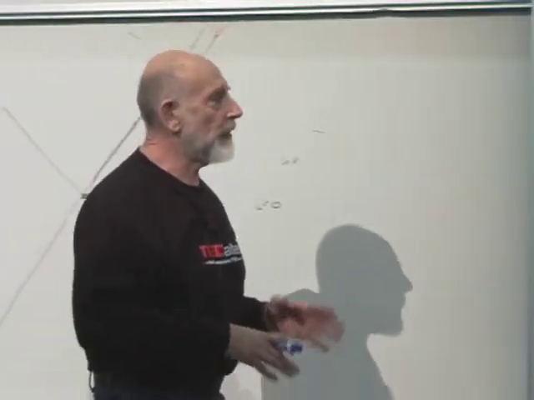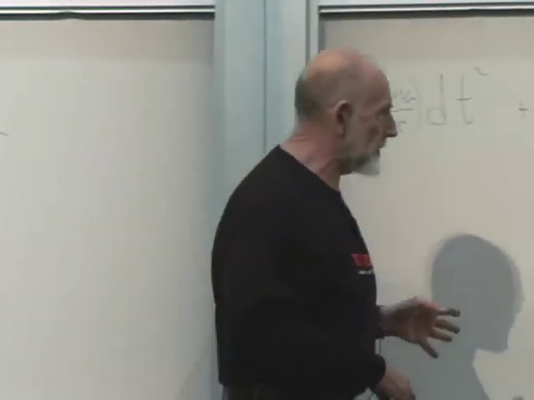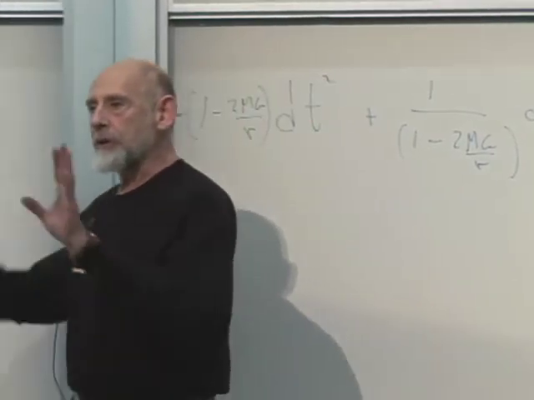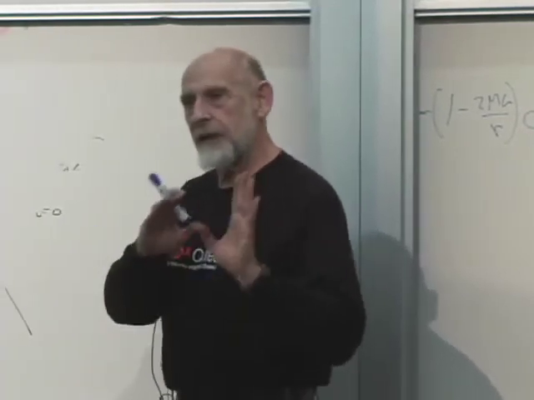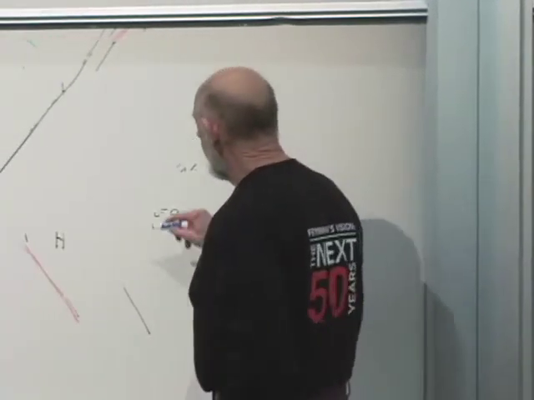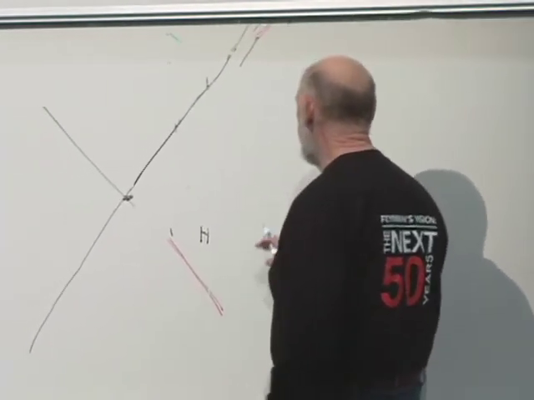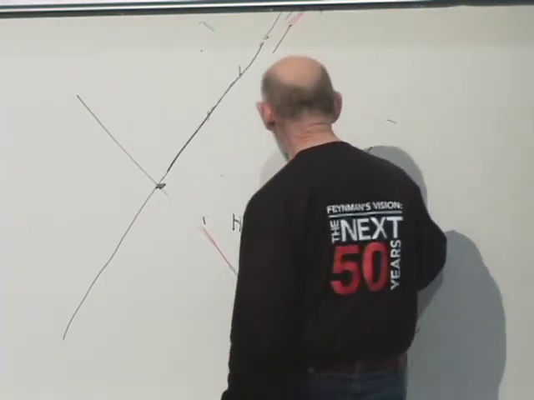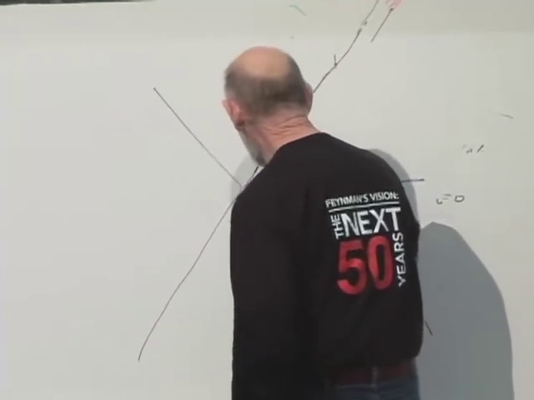This is a feature of a peculiar set of coordinates. When you go past the horizon, the coordinates interchange. What's happening here is something like this. If you were to move in along a surface of constant time toward the horizon, you would get to the horizon.